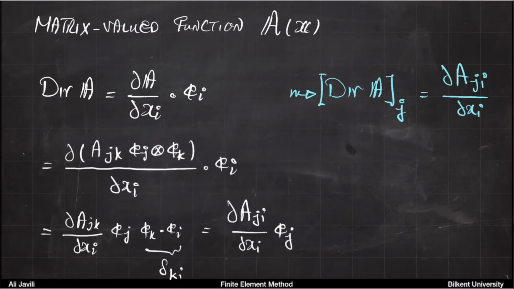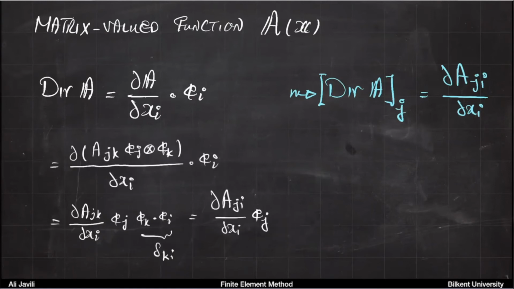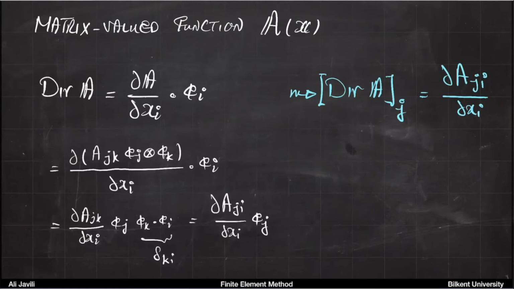So let me take this on this corner, and then I'm going to write that for you. So the divergence of A will be, again, a vector.